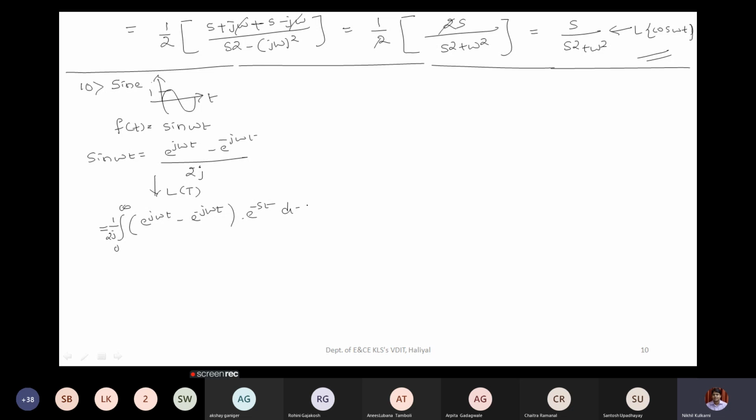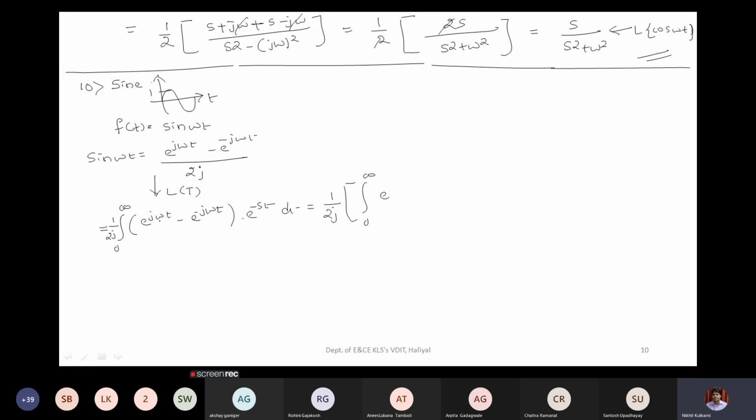So if you solve it further, that is going to give you 1 by 2j, then integration of 0 to infinity, the same way as we combined in the earlier problem. Here also we can combine e to the power j omega t and minus st.